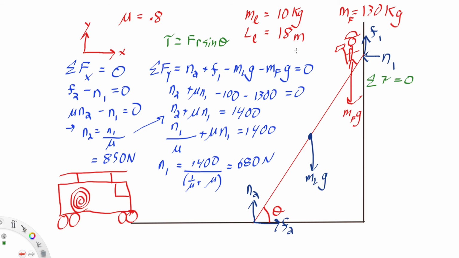So to me then, the best place to put it would be up here at the top. Because then F1, N1, and the weight of the firefighter all produce no torque because they are right on top of the axis of rotation.